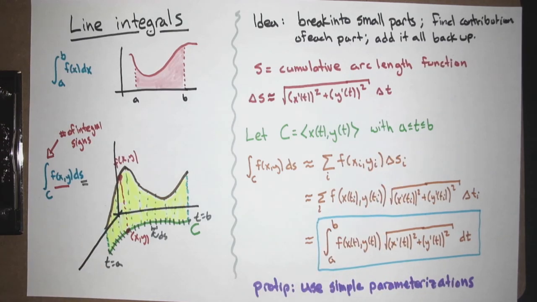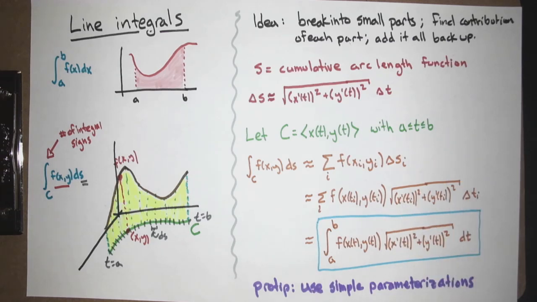And then we say, well, but how do we find these pieces? This is where the parameterization comes into play. The x's and y's are being parameterized by t. So we become x as a function of t, y as a function of t. Delta s i, again, can be expressed in terms of t.